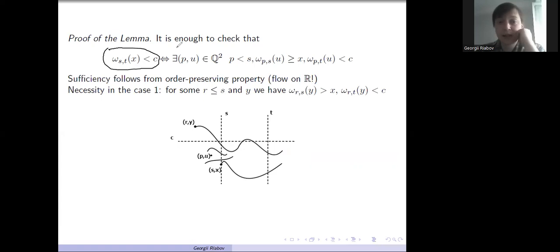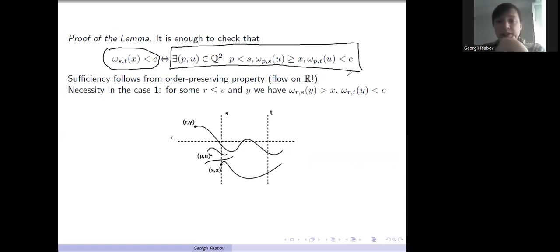If we get a representation of this event in the following form, we will get that this event is measurable as a set of all s, t, x, and omega, because this gives us a countable union, and all these properties are measurable in omega, s, t and x.